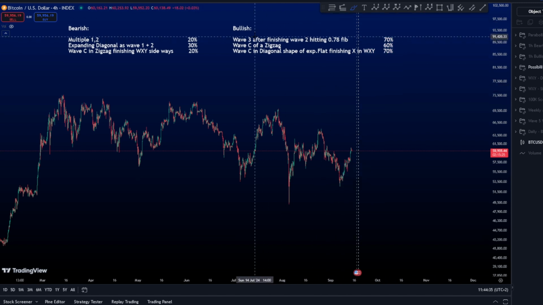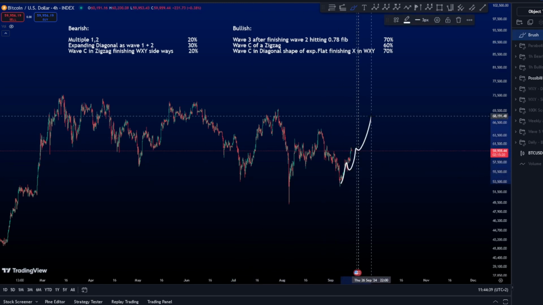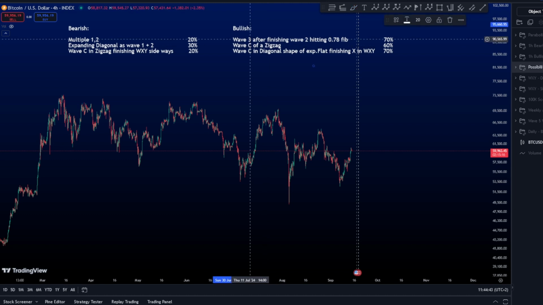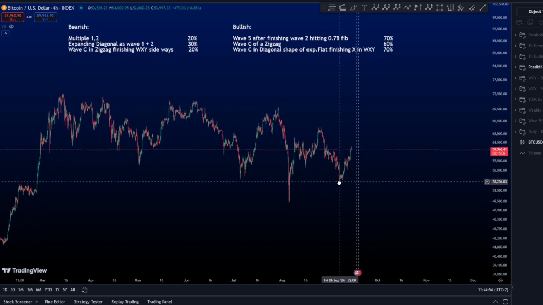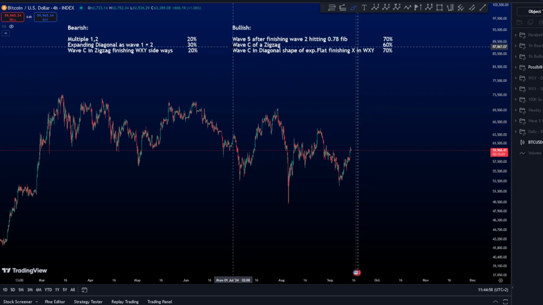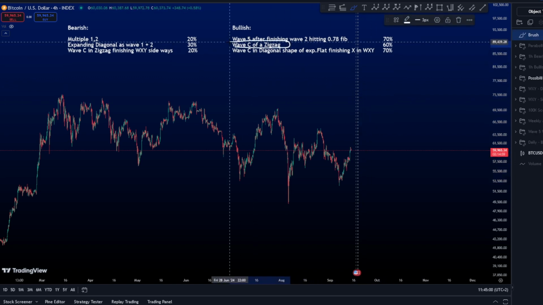And now we are potentially looking at a wave 3 towards the upside, of course. Actually, this should be wave 5, sorry. Wave 5. That was from the last week as a wave 3. So we are looking for a wave 5. It means a big wave 5, right? Then a wave C of a zigzag.